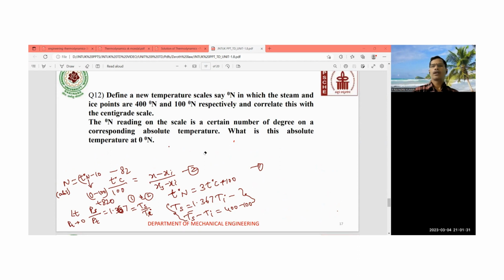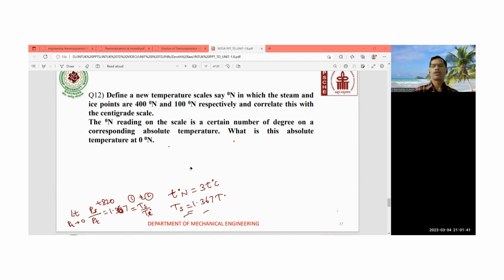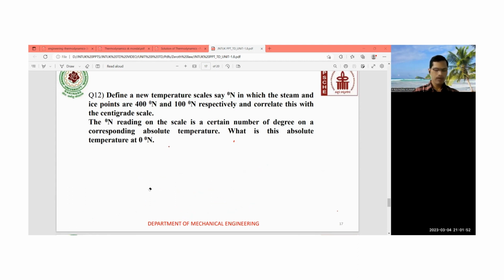And finally, to sum up, applying the basic fundamentals of the zeroth law of thermodynamics to solve numerical problems for different temperature scales. That is the outcome from today's class.